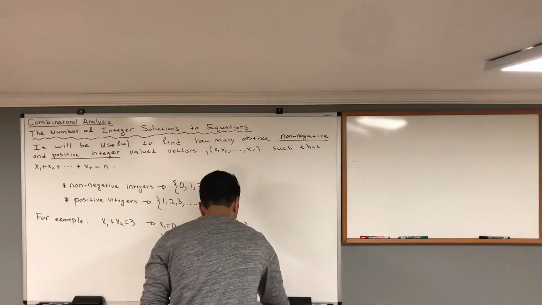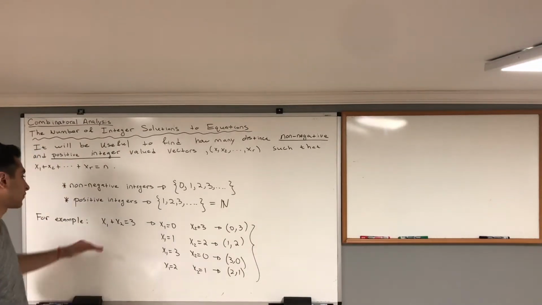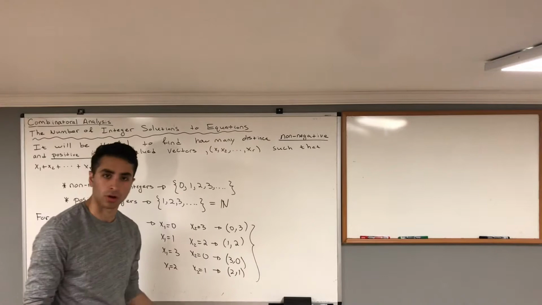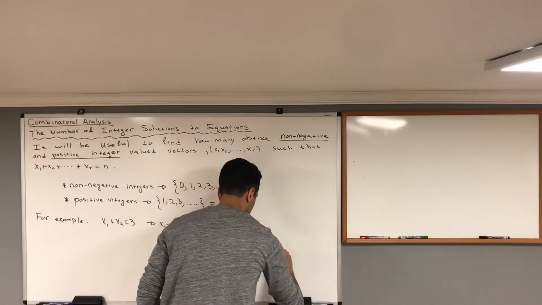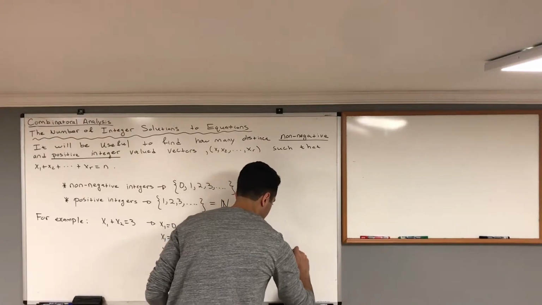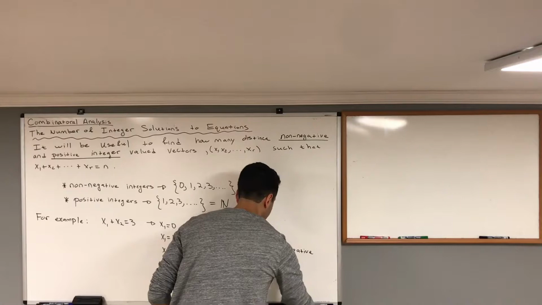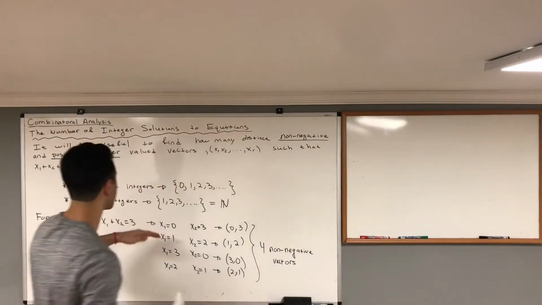And the question asks, well, how many vectors are possible for this equation? Oh, 1, 2, 3, 4. 4 non-negative integer vectors, but that's implied already, right? We only can have integers.